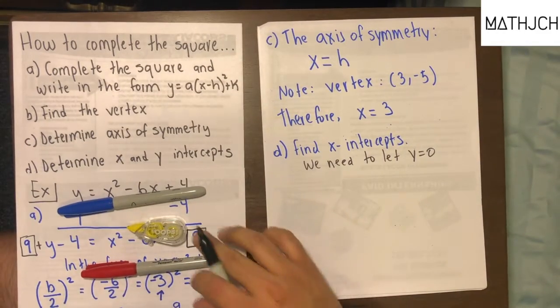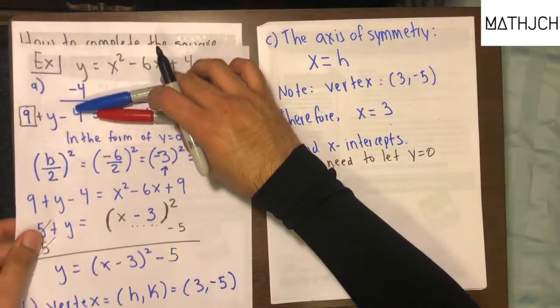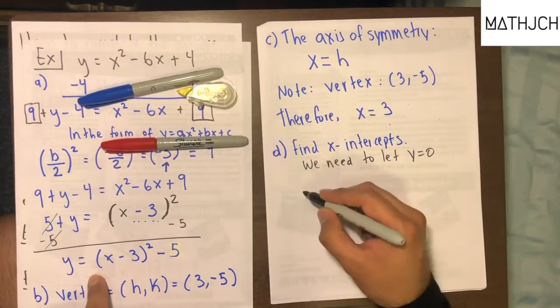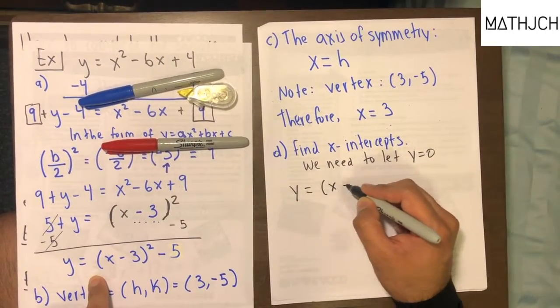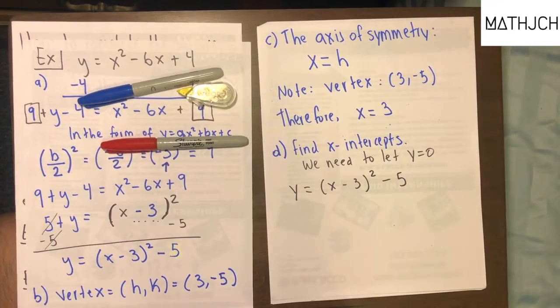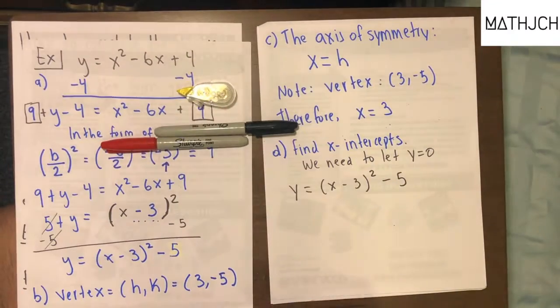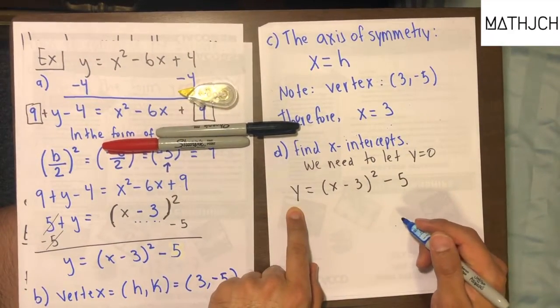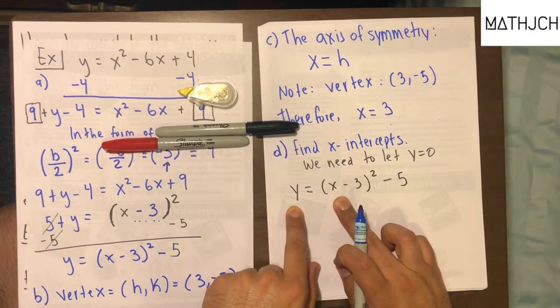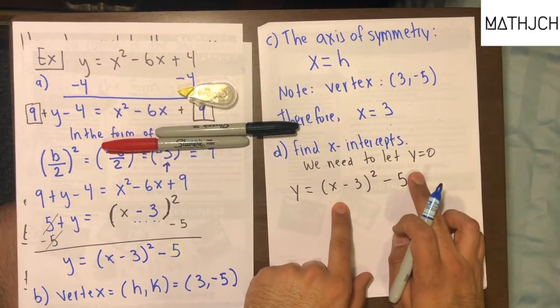Remember, our equation from part A, after completing the square, was, so we're going to let y equals 0 and solve for x. That way, we're gonna get our x-intercept.